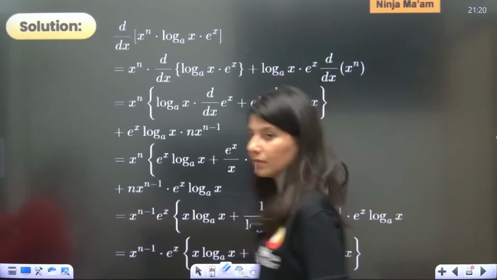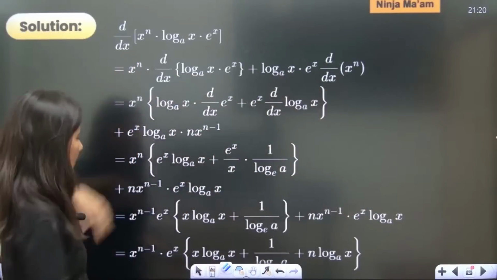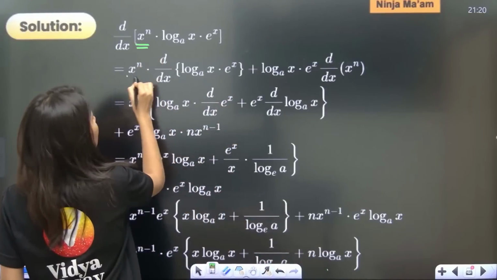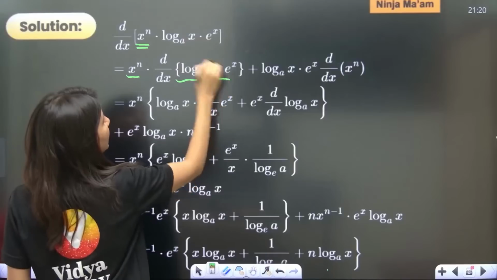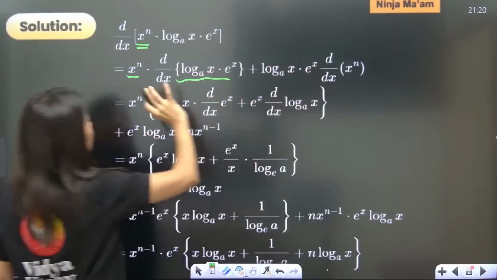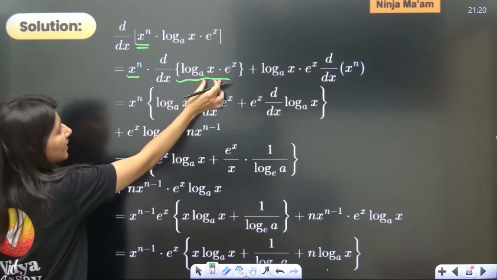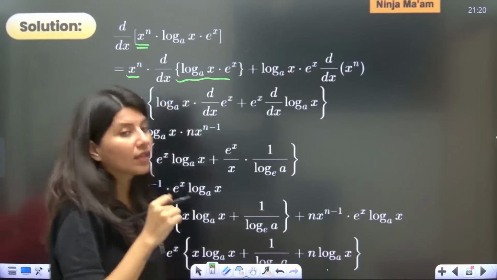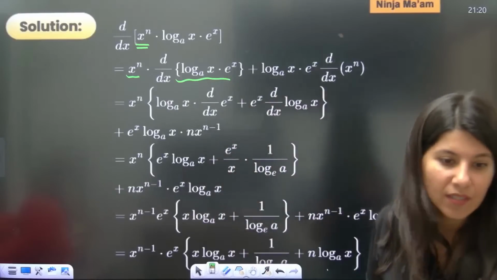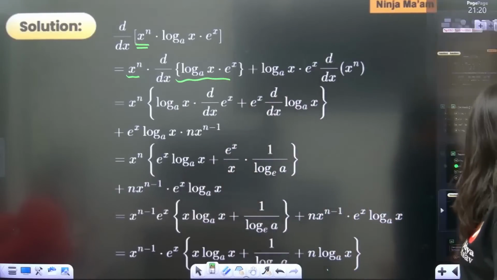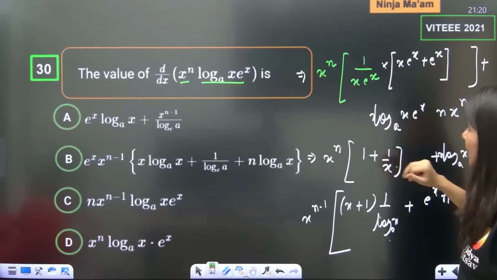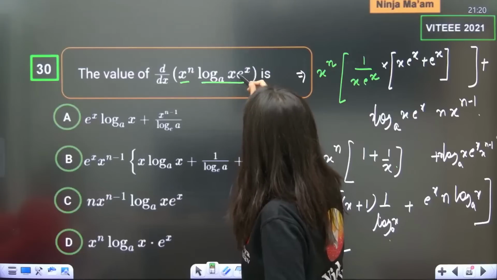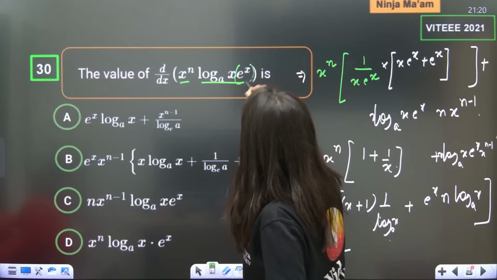See, let's check the solution. Yes, two functions are in multiplication. X power n kept constant and this is differentiated, plus this time this is differentiated, this is kept constant. X power n as it is, derivative of this is, so log x kept constant. Okay, oops, I think, okay, now I am getting why we are not getting the correct answer, because see, this is actually log x multiply e power x.